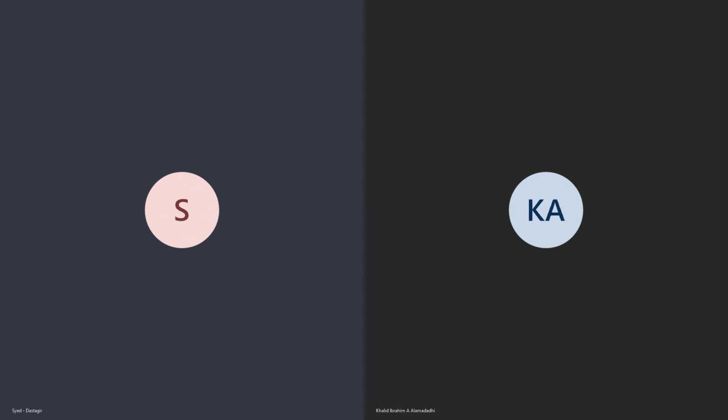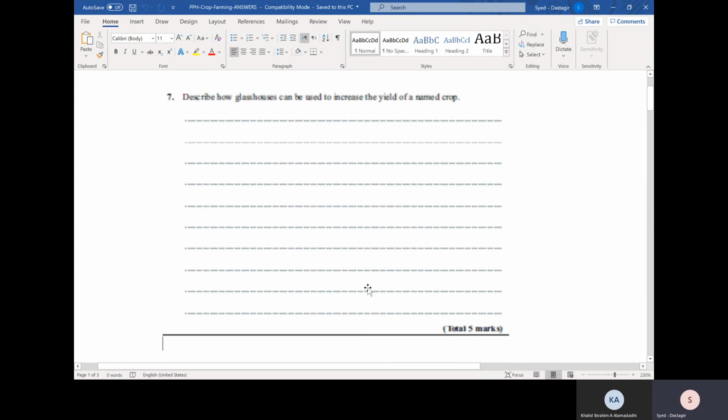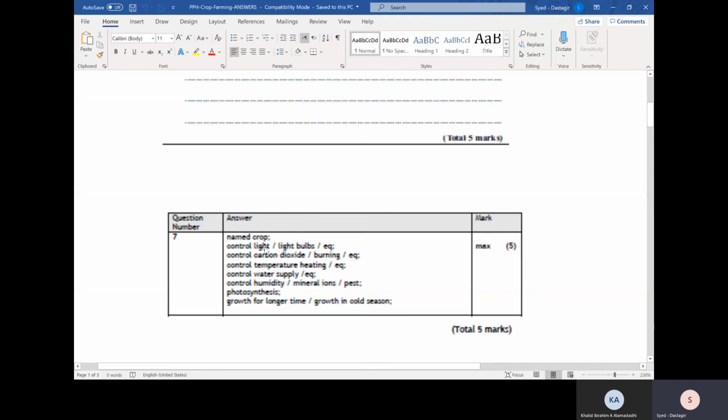Alright, so let's have a look. Okay, so if we have a look at the answers now, describe how glasshouses can be used to increase the yield of a named crop. Well, you can name the crop. You'll get marks for just going through the factors of photosynthesis.